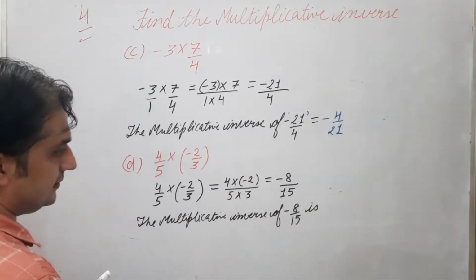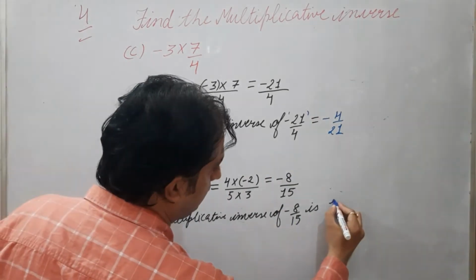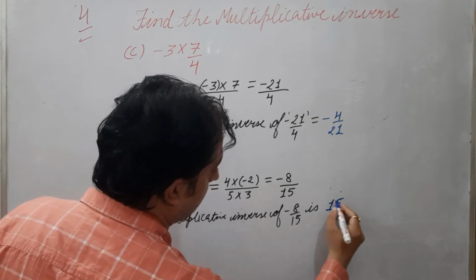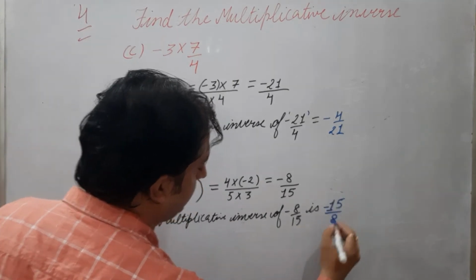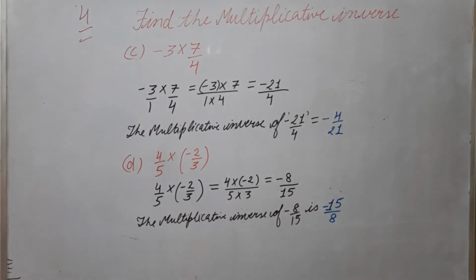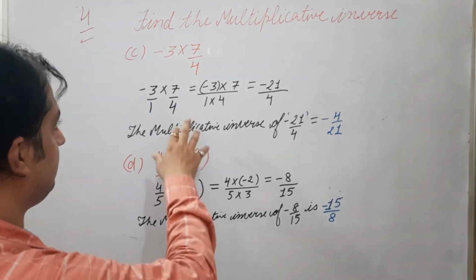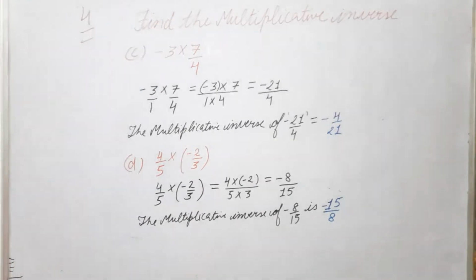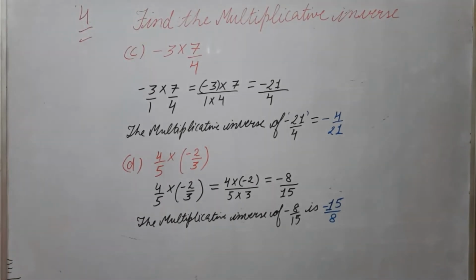So write is, that is minus 15 upon 8. So this is the multiplicative inverse of the product of two rational numbers. Right? Let's take another one.